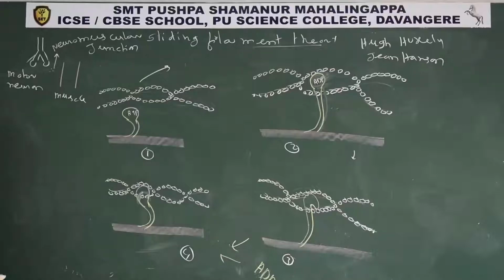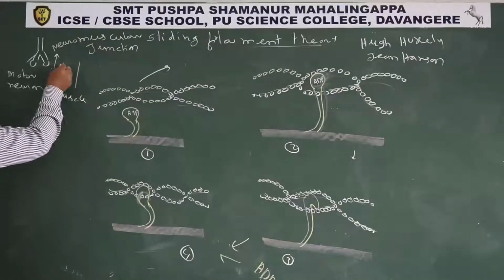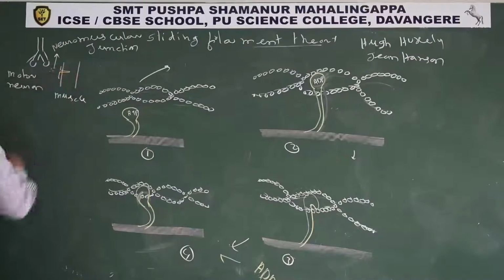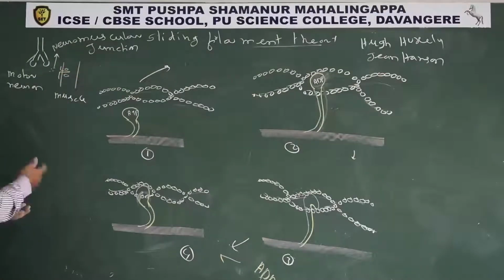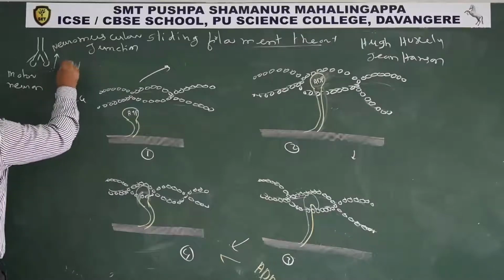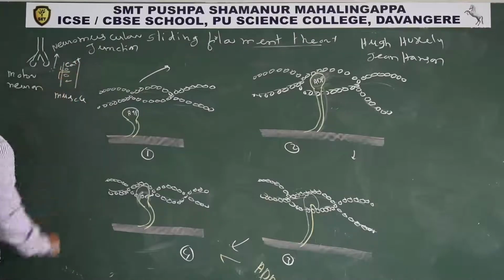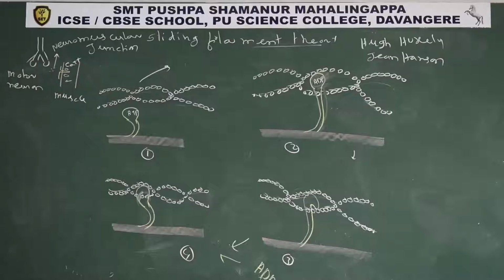From the motor end plate, the message is transferred to the T-tubule. The T-tubule is excited and transfers the message to the cisternae. The cisternae are excited and release calcium ions into the sarcoplasm.